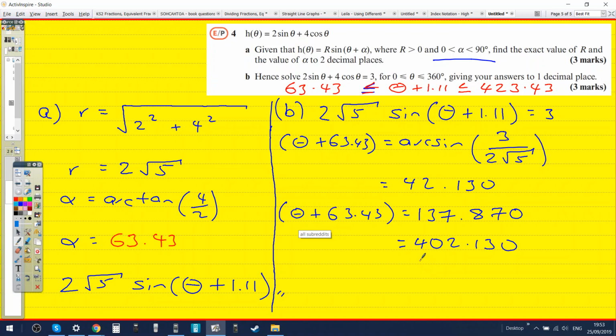Okay. And so then what do you do? You subtract 63.43 from each one. Yep. So it's 42.13 minus 63.43, which is minus 21.3.